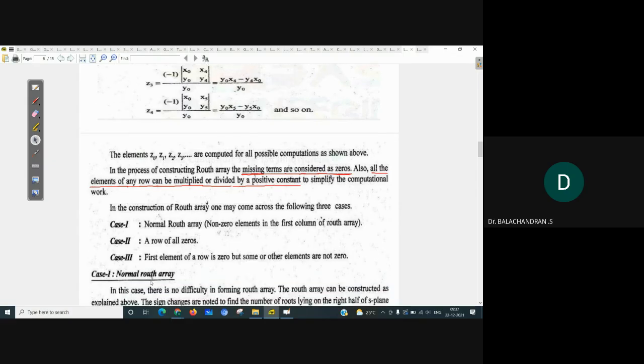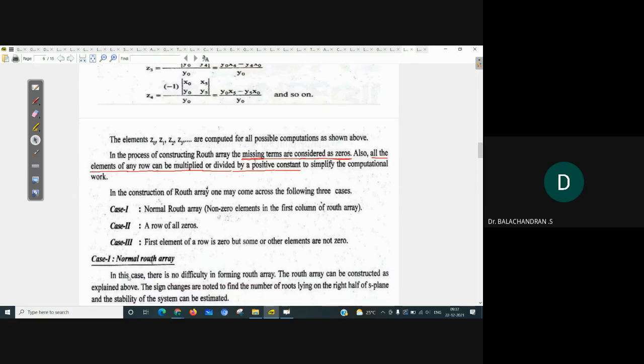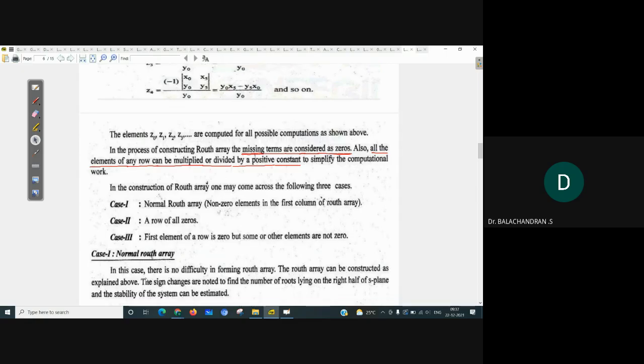Case 1, normal root array. In this case, there is no difficulty in forming the root array. The root array can be constructed as explained above. The sign changes are noted to find the number of roots lying on the right half of the S-plane, and the stability of the system can be estimated.